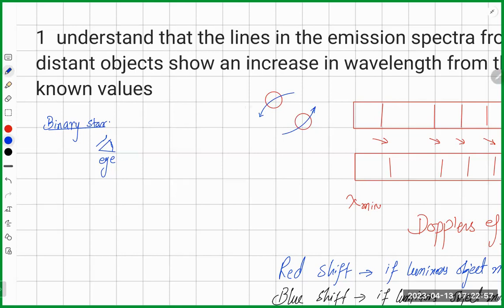So for some pairs of binary stars, when we observe them, one star is moving towards you and one star is moving away from you. So in that case, from one star, there is a possibility of you receiving a wavelength which is shorter than actually produced.